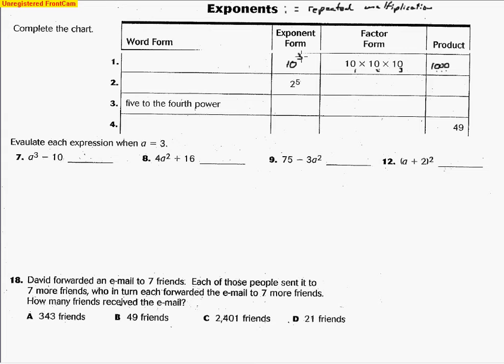No, this means that we're taking 10 and multiplying it 3 times. So in word form, it would be 10 to the third power.